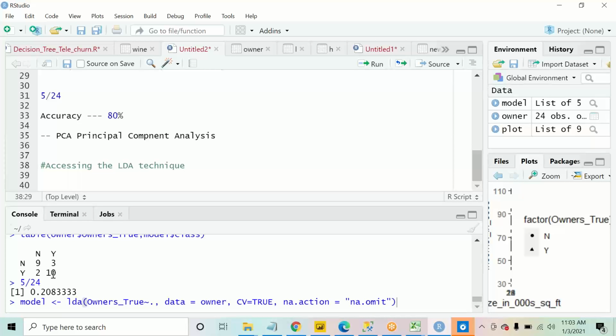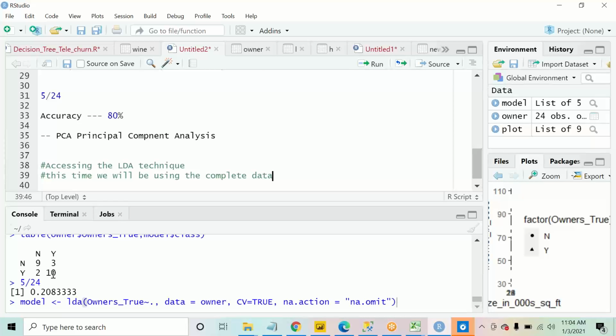We will keep it as false. When you keep that as false, the entire data set is used in order to do the predictions. The complete data set will be used for all the observations. So this time we will be using the complete data.